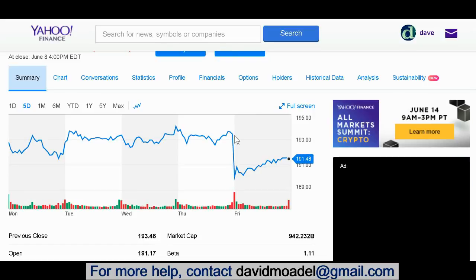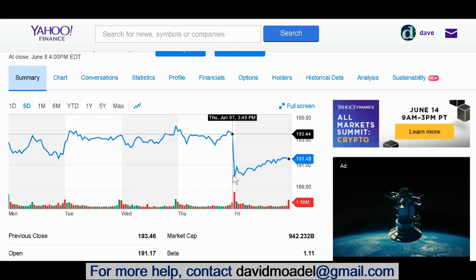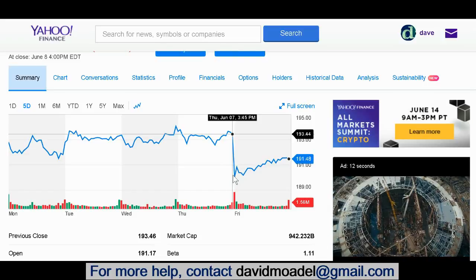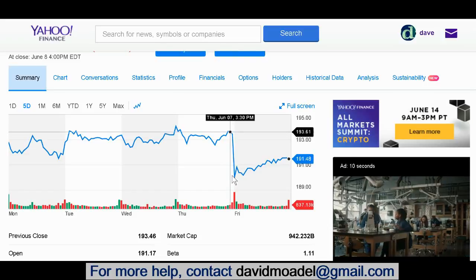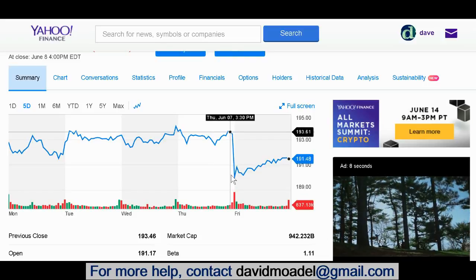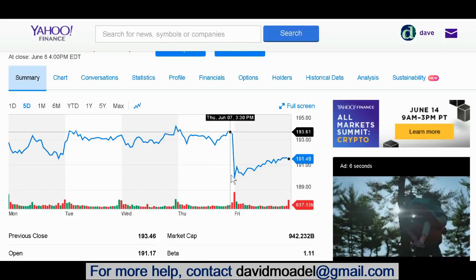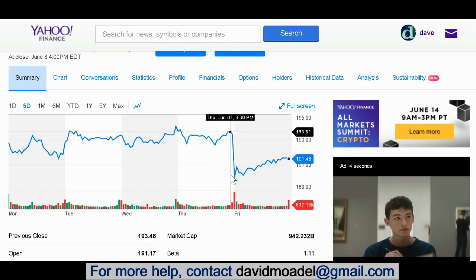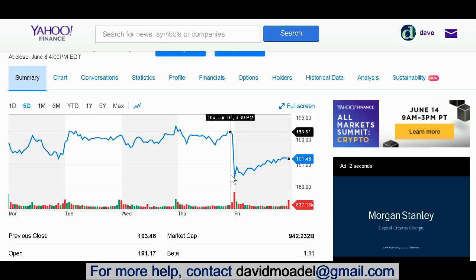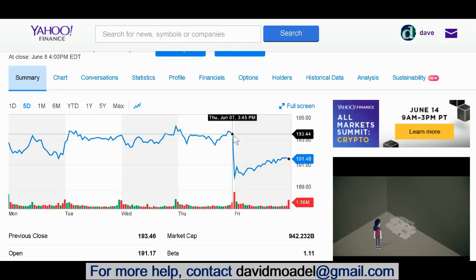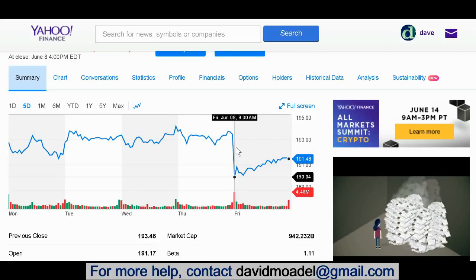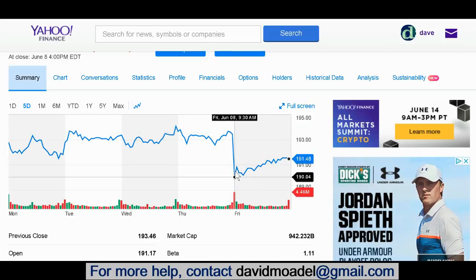Whereas if there was really good news about Apple overnight or in the early morning, it's possible to have a gap up, where the price can actually open higher than it had closed at the previous trading day. So that's how it's possible for the price to be significantly lower than it closed the previous day.